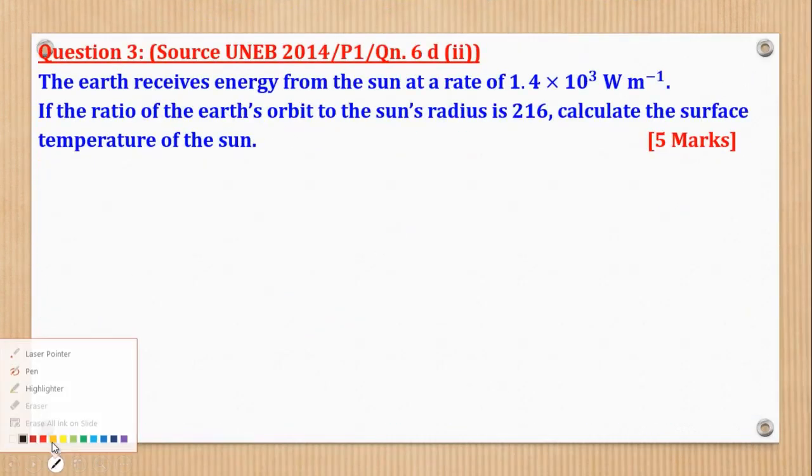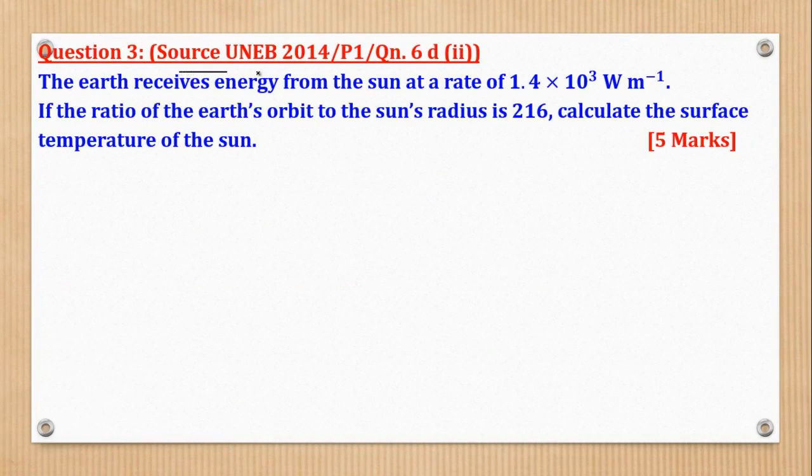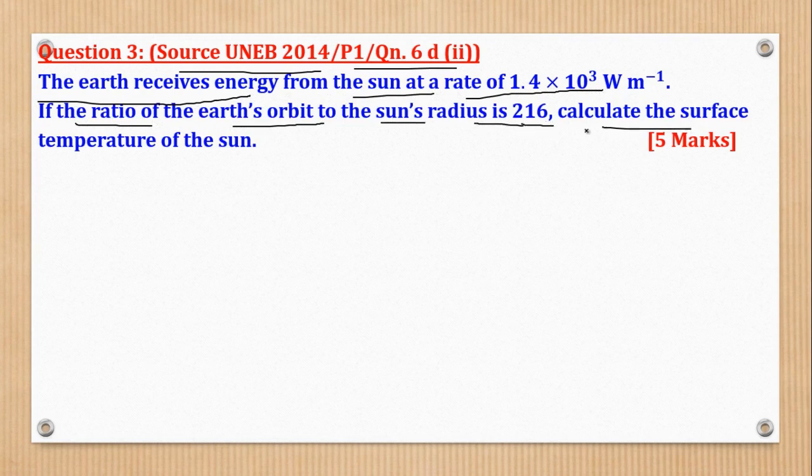Then question 3 came from UNEB 2014, paper 1, question 6D, Roman 2, and says the Earth receives energy from the Sun at a rate of this. If the ratio of the Earth's orbit to the Sun's radius is this, calculate the surface temperature of the Sun.